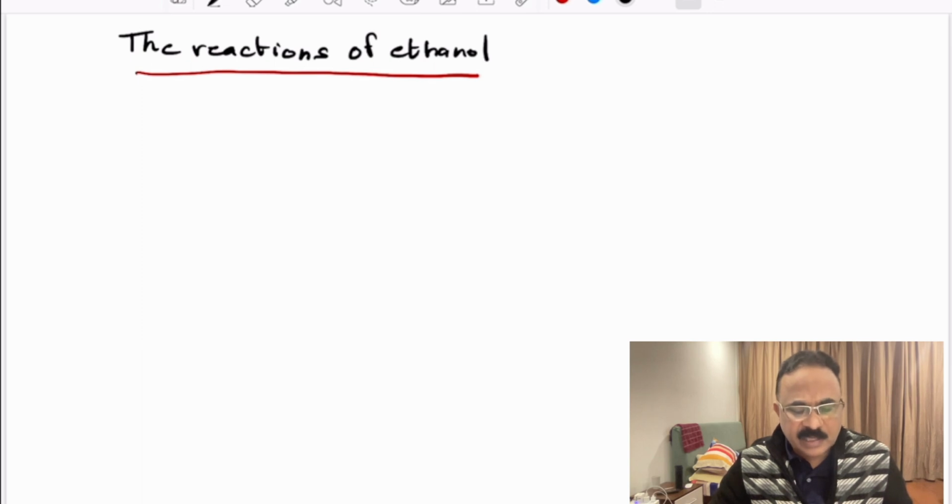On a small scale, ethanol can be used as a methylated spirit. That means a small amount of methanol or other compounds is mixed with ethanol, and therefore we can use it as a methylated spirit, in the spirit lamps and so on that are available in the labs.